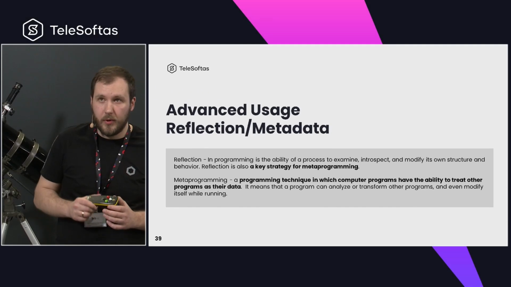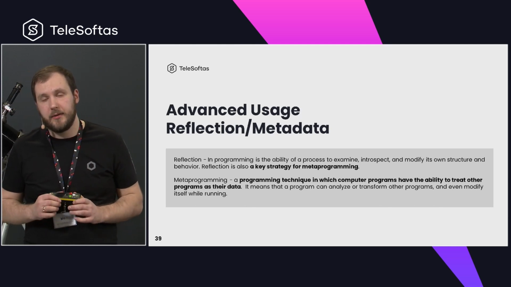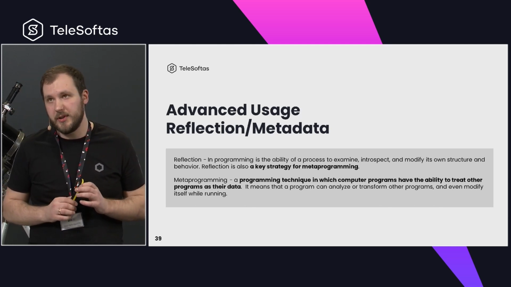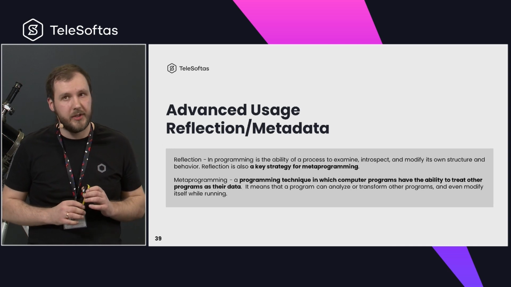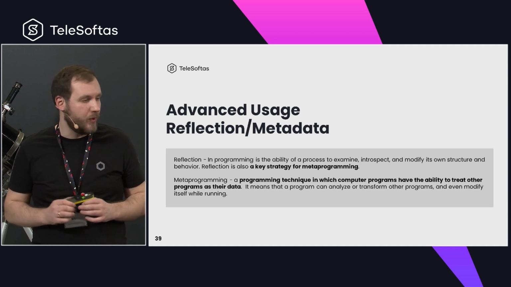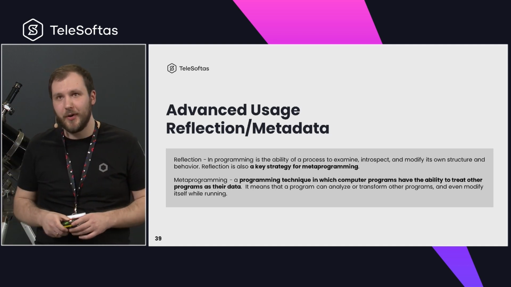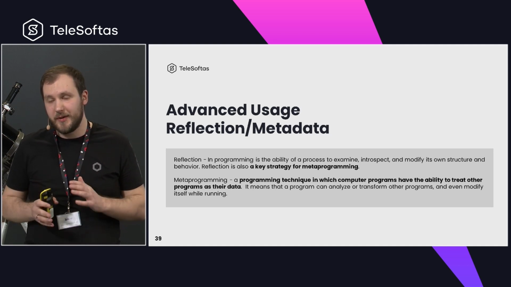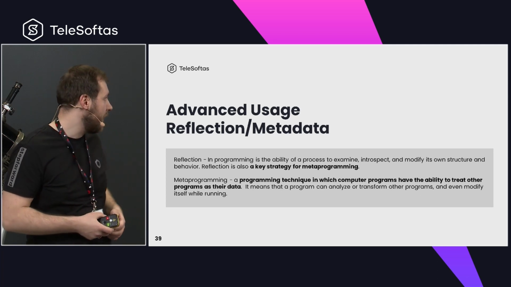I will show you one more example, but before that, I need to explain a few more concepts. And those concepts are reflection and metadata. These are quite complex topics, and you could probably make a talk just about them, but I'll try to explain it to the best of my ability.